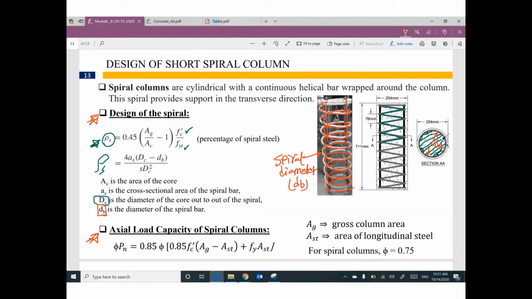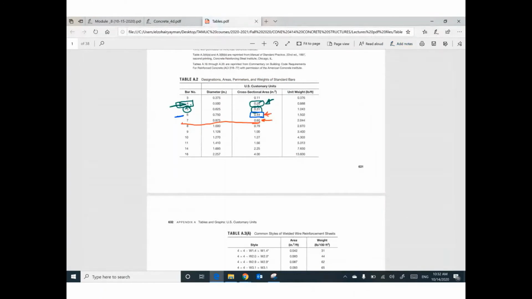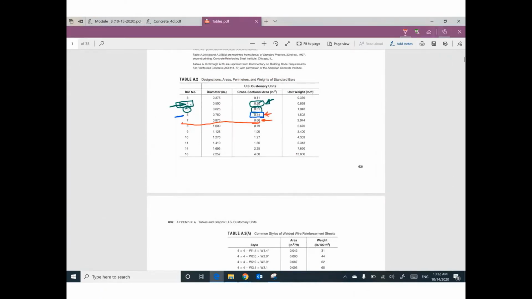A_S is the cross-section area of the bar of the spiral. Guys, for any size, we have a diameter. For example, for number 4, we have a diameter and we have an area. The diameter is called DB, and the area is called A_S in our column.